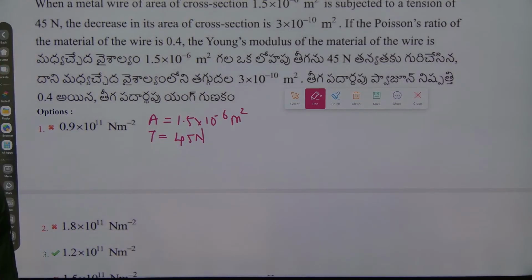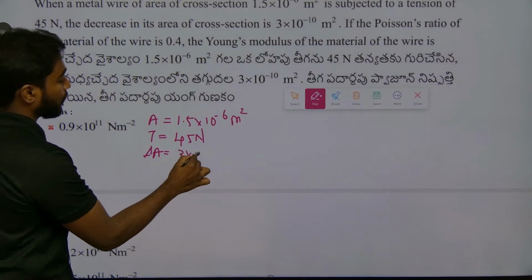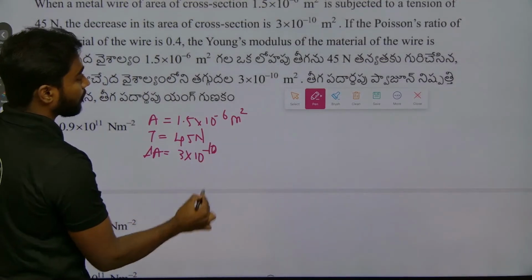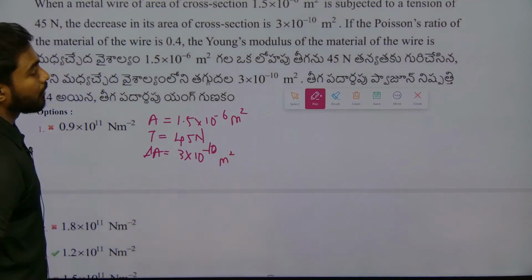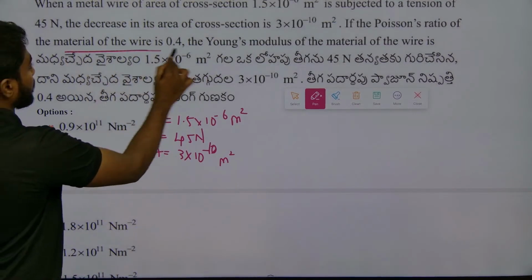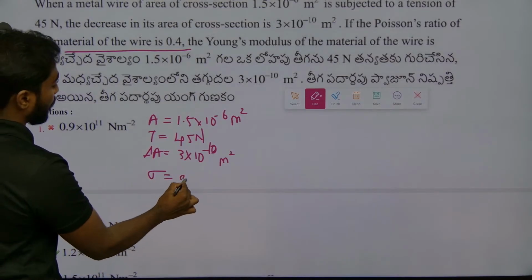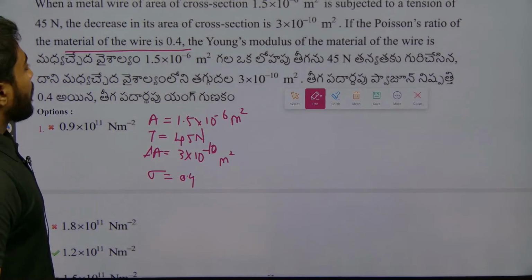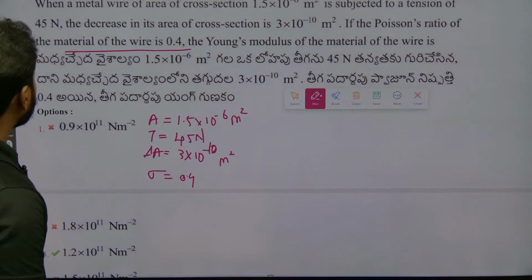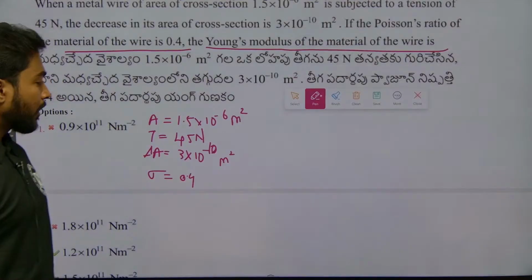The decrease in area of cross section, like change in area, is 3 into 10 power minus 10 meter square. If the Poisson ratio of the material of the wire is 0.4, I need to find the Young's modulus of the material of the wire.